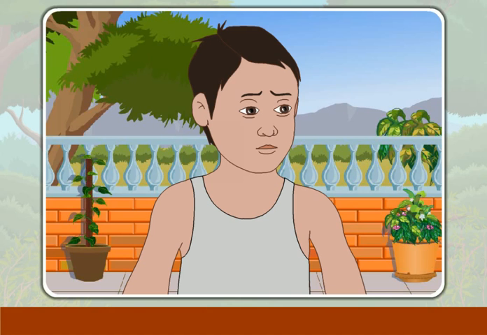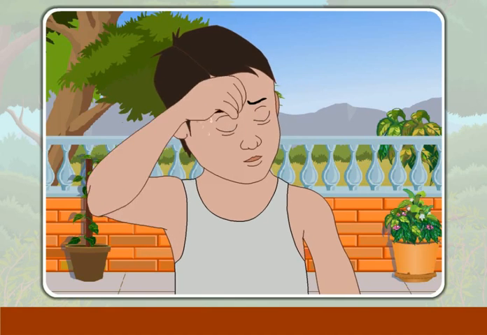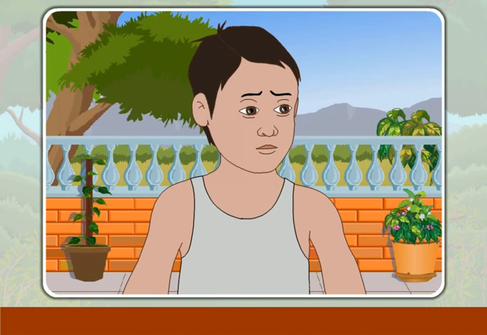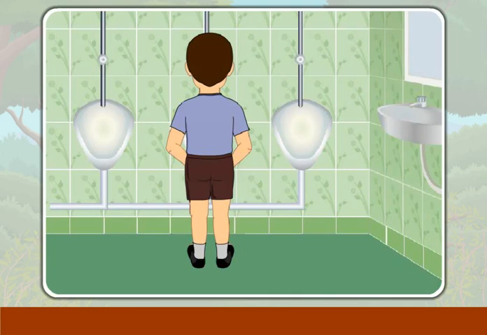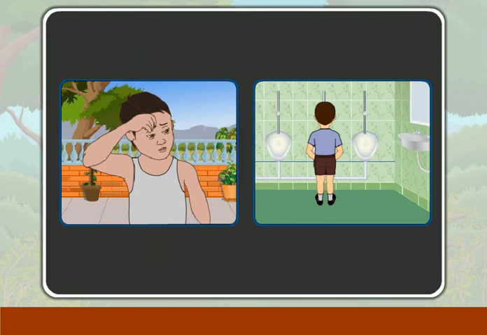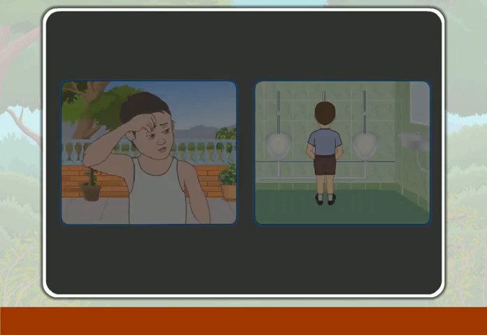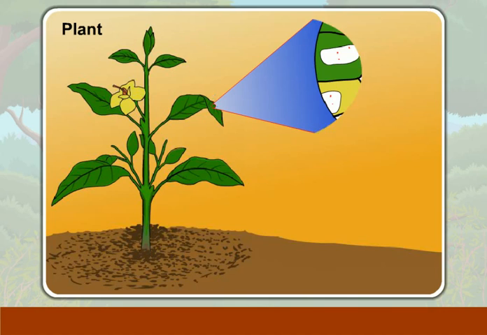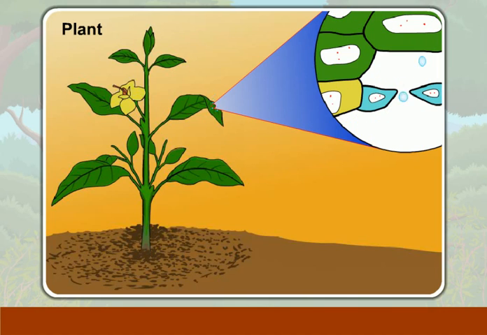We throw unnecessary water out of our body in the form of sweat and urine. Like us, a plant too throws unnecessary water out of its body.